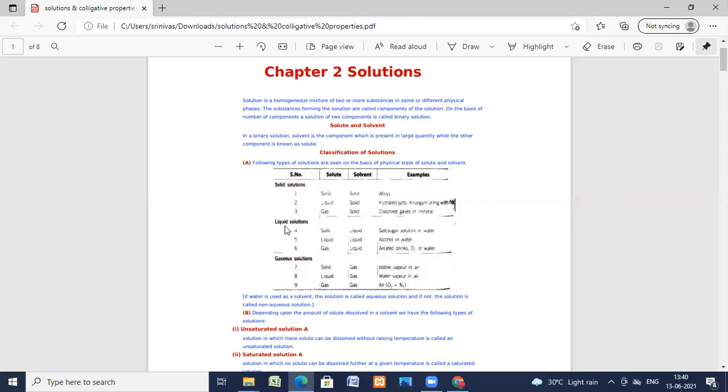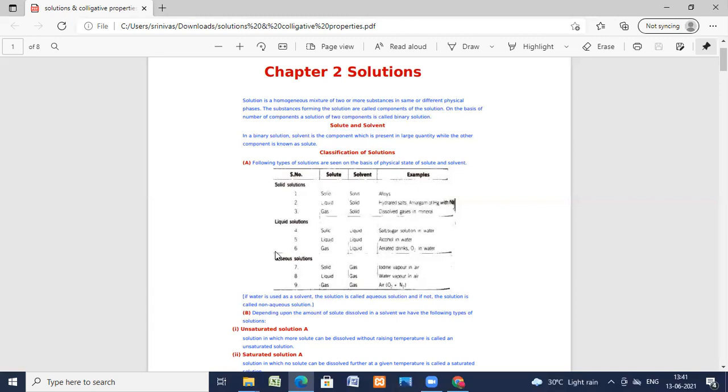Now the second classification is liquid solutions. Solid is a solute, liquid is a solvent. You can observe that for solid solutions, the larger component is solid. For liquid solutions, the larger component is liquid.